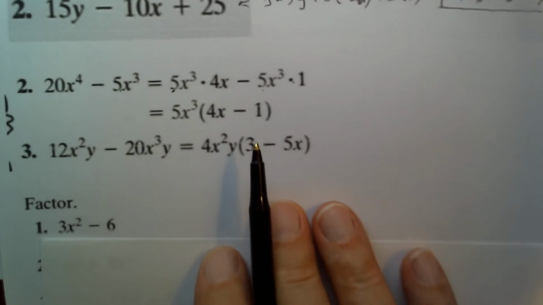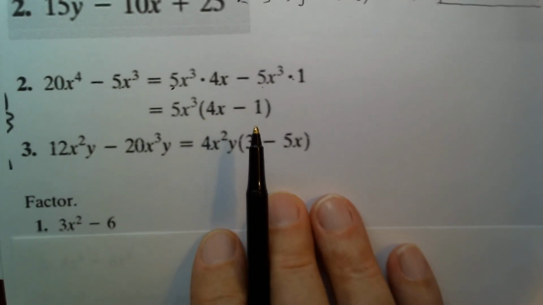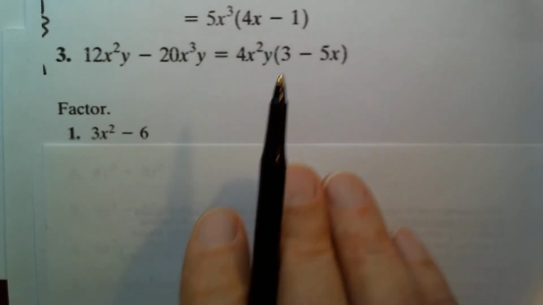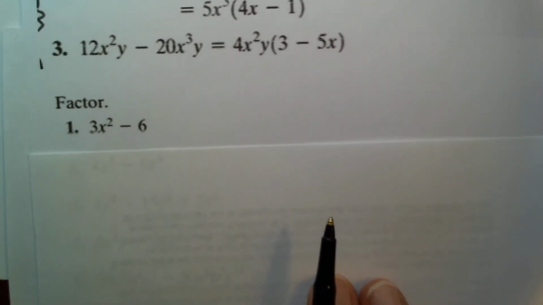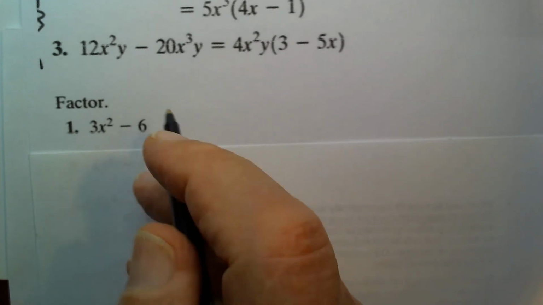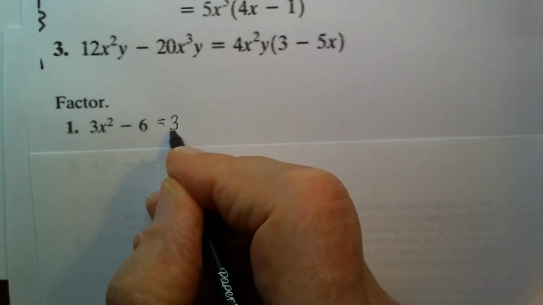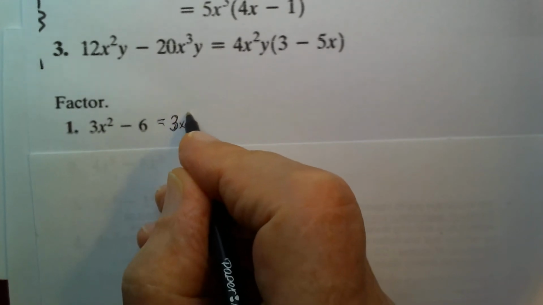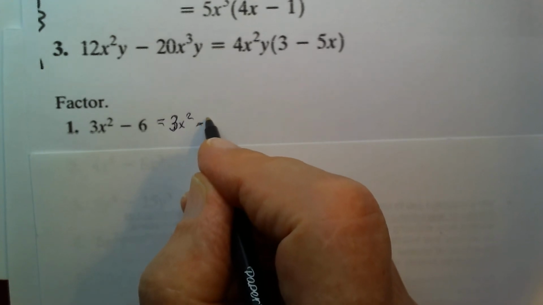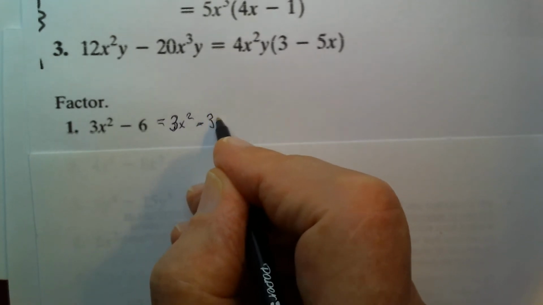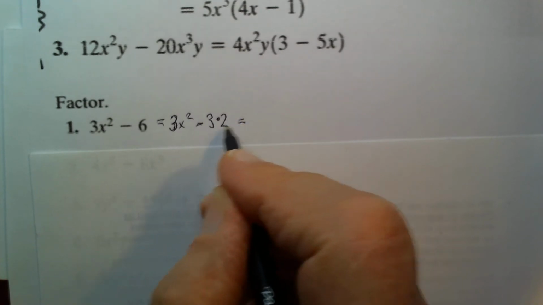Okay, so now let's do some factoring here, some very simple little exercises. And the first one says factor 3x squared minus 6. Well, so we have 3x squared minus 6. And we know we can write 6 as 3 times 2. So we notice that 3 is a common factor.